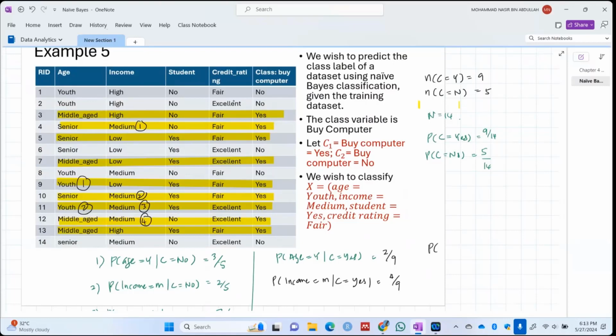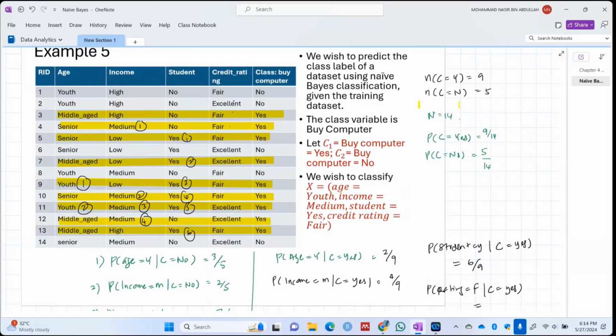Probability of student equal to yes given class equal to yes. So this one should be student 1, 2, 3, 4, 5, 6. So it should be 6 over 9. And last is probability of rating equal to fair given class equal to yes.